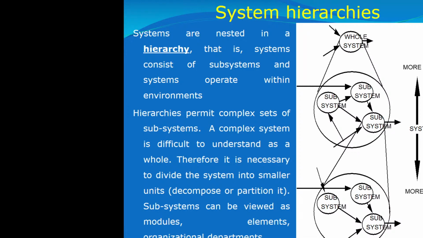Subsystems can be viewed as modules, elements, or organizational departments. Systems can be grouped together to create more complex systems, so-called suprasystems. In some cases, it is sufficient to consider these systems as a system's elements in a higher level system as part of a system hierarchy.